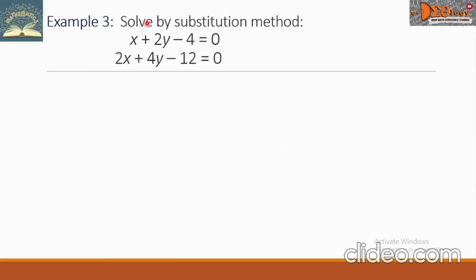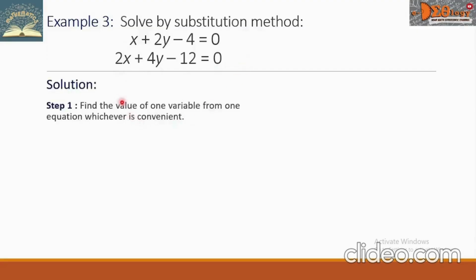Example 3. Solve by substitution method. x plus 2y minus 4 equals 0. 2x plus 4y minus 12 equals 0. Step 1. Find the value of one variable from one equation, whichever is convenient.